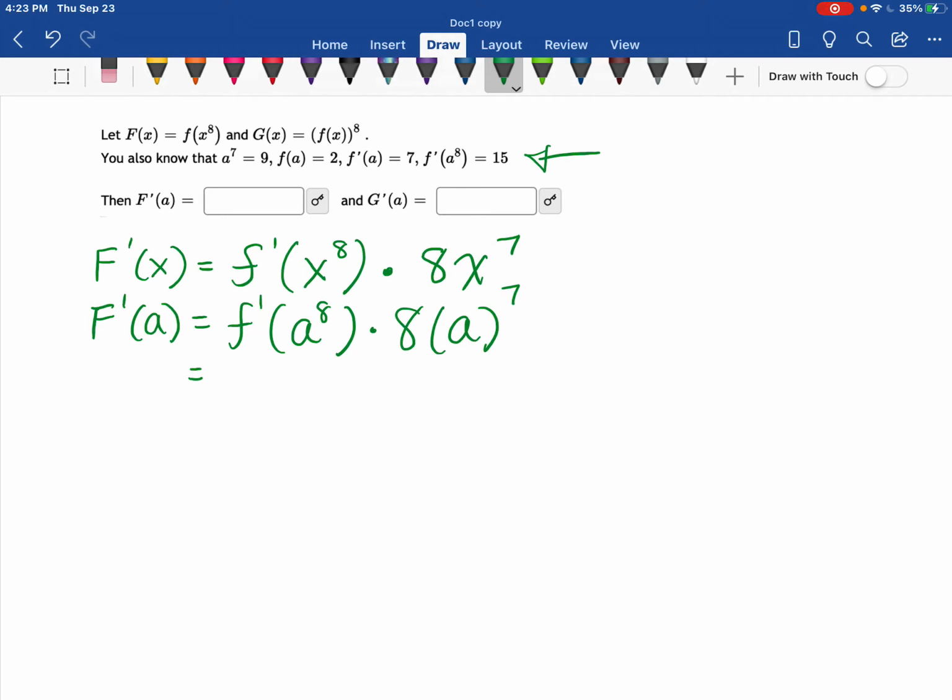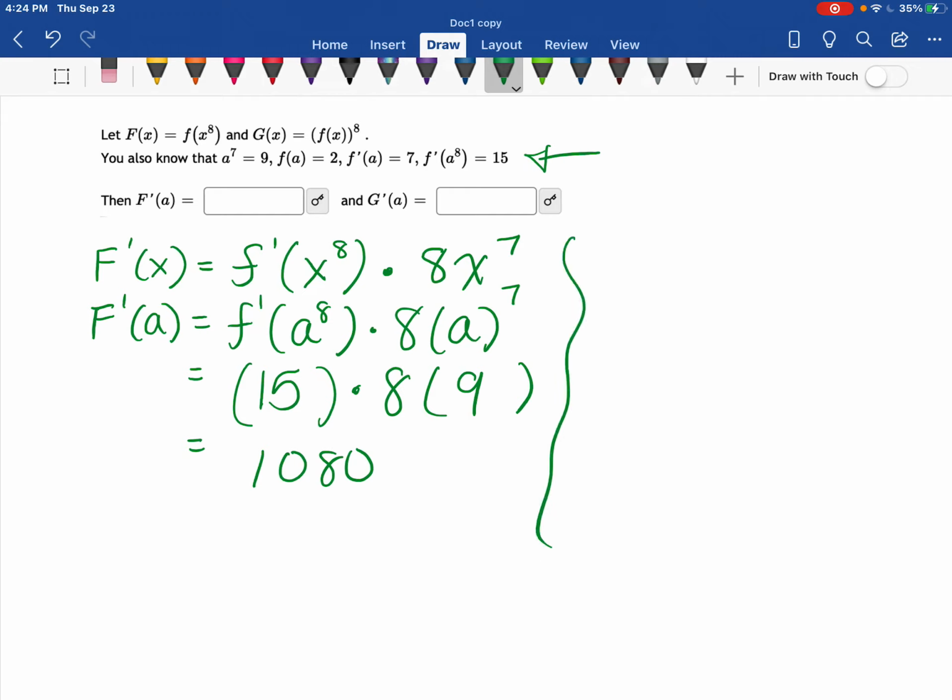So when I look up here, I see that the derivative of f evaluated at a to the power of 8, that's 15. And then when I look to see what a to the 7th is, that's 9. So when I multiply all that together, I'm going to take 15 times 8 times 9, and that's going to give me 1080. So capital F prime of A is 1080.